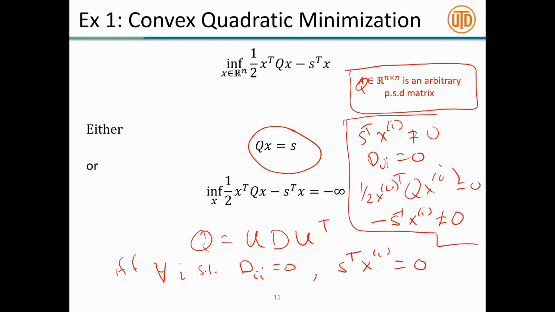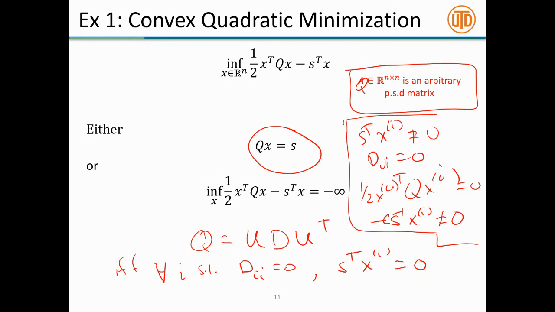Well, because it's not equal to 0, it's just a linear function, and linear functions are unbounded. So I can take x_i and multiply it by some constant c, replacing x_i with c times x_i. The first term, 1/2 c x_i transpose Q times c x_i, is still equal to 0. Now I can make minus c times S transpose x_i as large or as small as I want, depending on the sign of S transpose x_i.